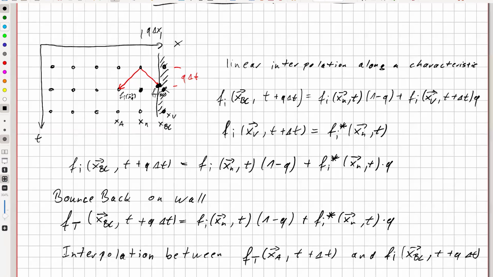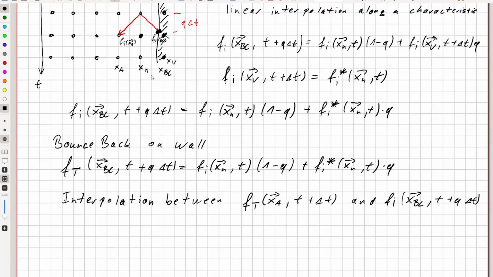So this is an interpolation in time and space along the characteristic.